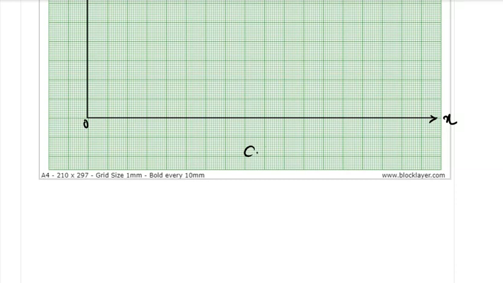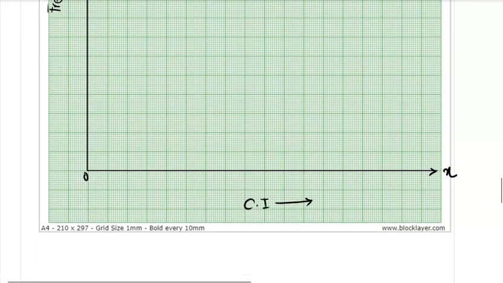So class interval is going to be this way, and on y-axis, just frequency, right? Frequency is going to be this way. So first I'm going to draw a kink.